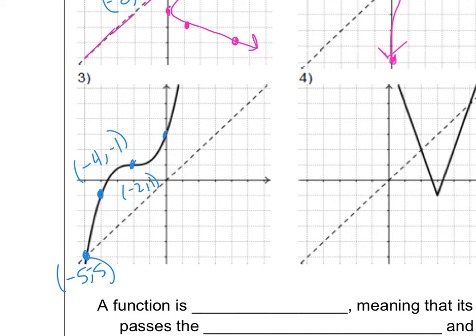Negative 2, positive 1. And then 0, 3. Like I said, you don't have to write those out, but it does help you. So negative 5 is going to stay the same. And then I would graph a point at 1, negative 2. And then negative 1, negative 4.